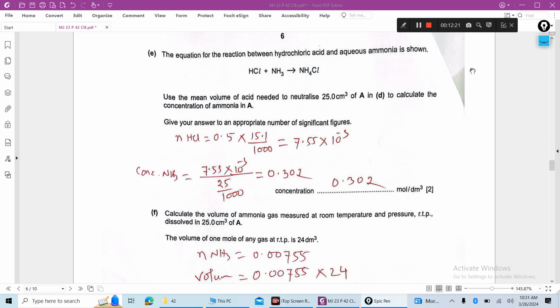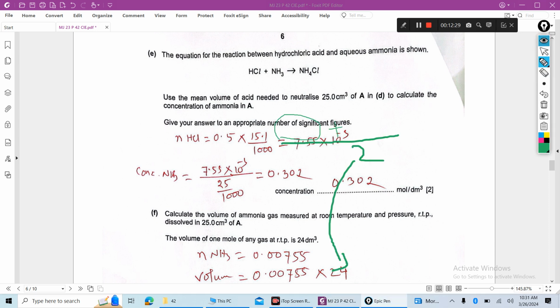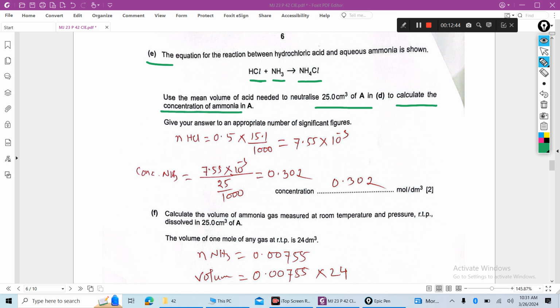Now E. The equation shows the reaction between ammonia and hydrochloric acid, a neutralization reaction, forming an ammonium salt. Use the mean volume of acid needed to neutralize 25 centimeter cube of A in D to calculate the concentration of ammonia in A. You see the number of moles of hydrochloric acid: concentration 0.5, volume 15.1 divided by 1000.